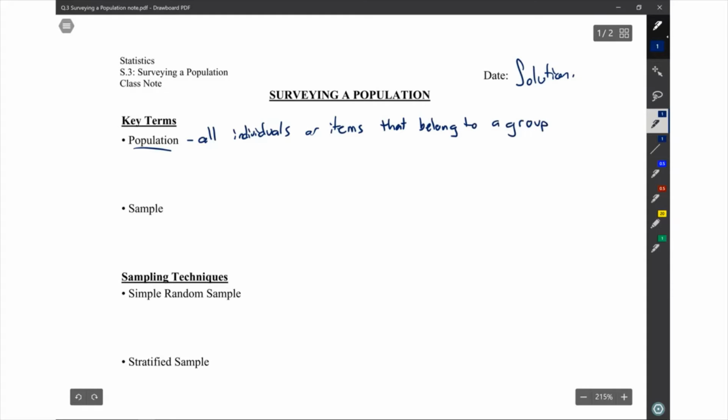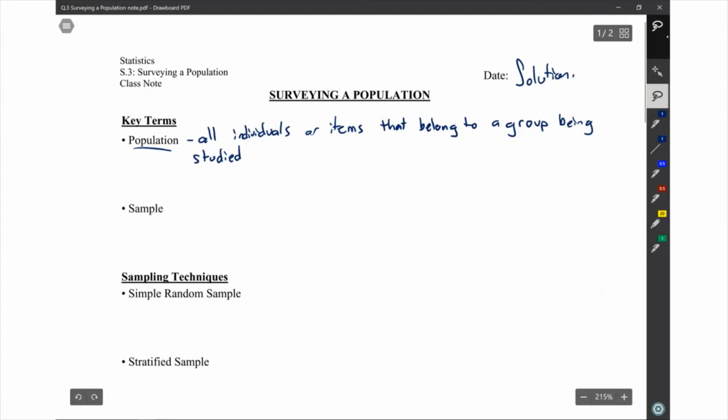Now that might be the population of Canada if a study is curious about what Canadians think, or it might just be the people in a classroom. It might be the people in a school. What determines it is the actual study itself, what we're trying to figure out.